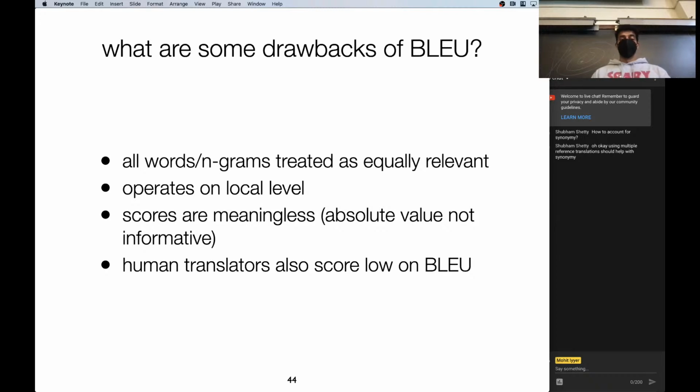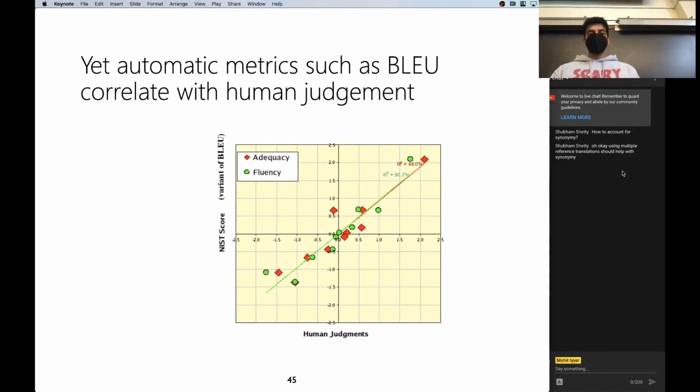So the upper bound is kind of misleading. Okay, there's a question, how to account for synonymous words. Yeah, so using multiple references is one way to do this, but we'll talk about other ways later on in this lecture that do a better job of that. All right, any questions so far? Yes?